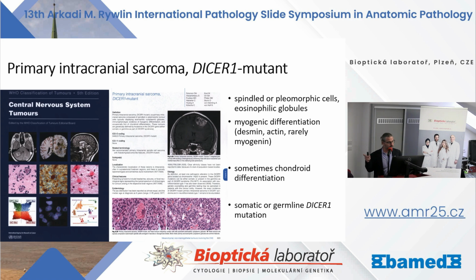Our case was myogenic negative and instead showed MyoD1 expression. And some cases show chondroid differentiation. In that case, it's indistinguishable from high-grade pleuropulmonary blastoma. And by definition, these tumors show somatic or sometimes germline DICER1 gene mutation.